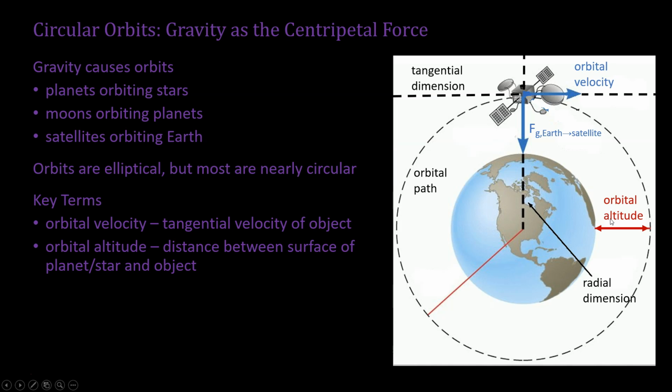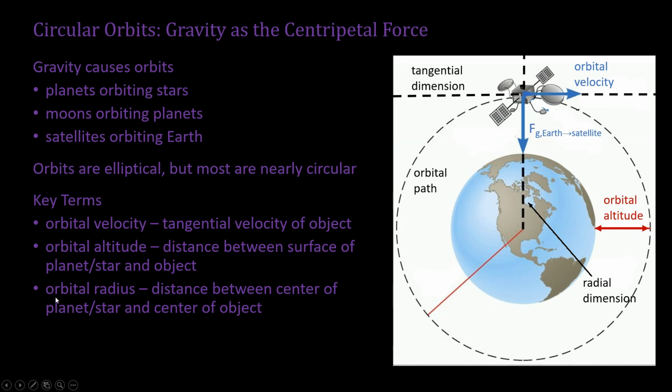In this case, the orbital altitude is the distance between the Earth's surface and the satellite. Not to be confused with the orbital altitude is the orbital radius, and that is the distance between the center of the planet or star and the center of the orbiting object. In this case, it's the distance between the satellite and the center of the Earth.